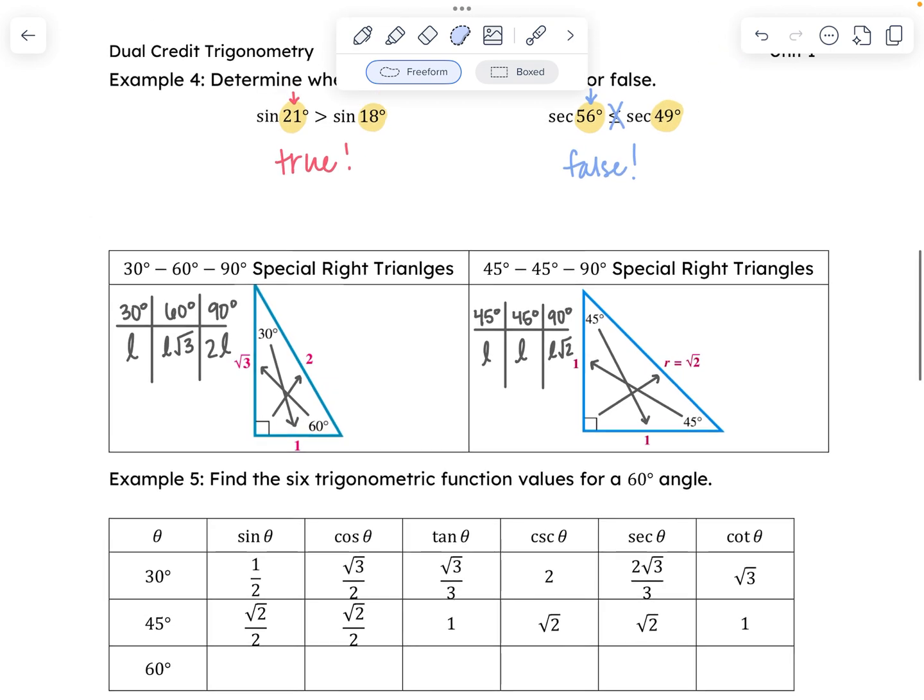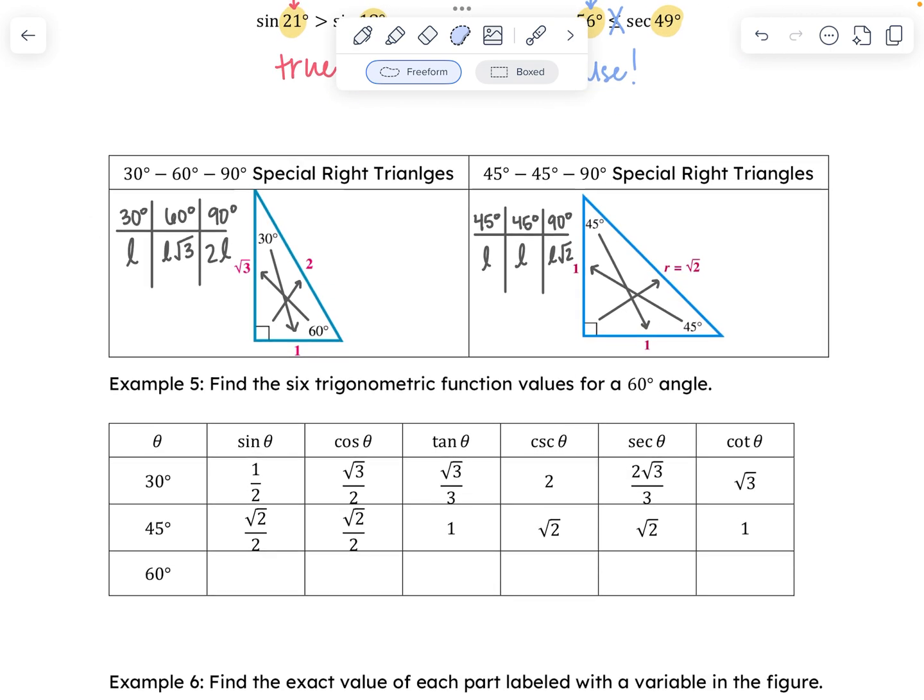Now, this can also be helpful as we're looking through our trig, because remember, this is trigonometry. And no matter what our side lengths are, our trig functions are always going to simplify down to the same values because those side lengths, those ratios will always simplify down to the same trig values. So I've got a table here.